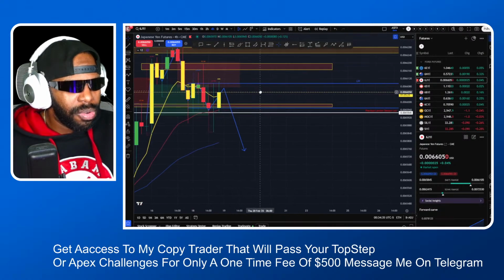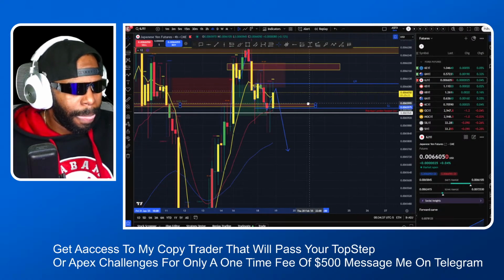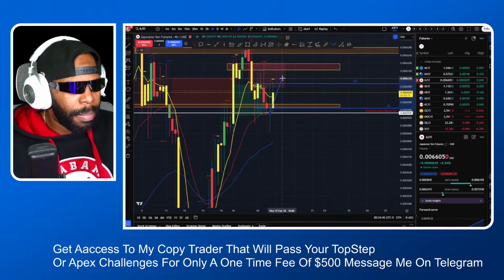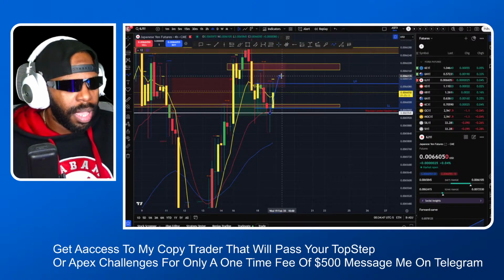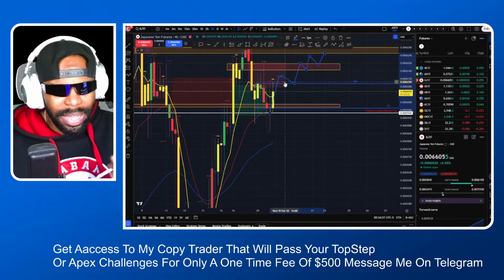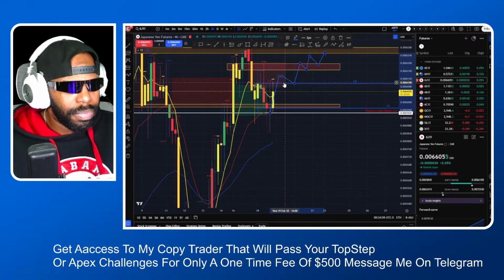As long as price doesn't come up here and close, then I'm bearish. Price could come up here and then start going up into an uptrend. But if that doesn't happen, then my bias right now is sales.